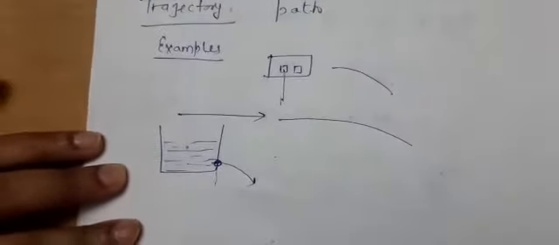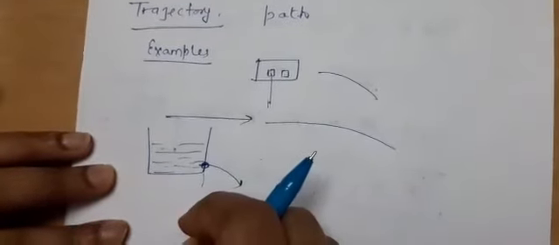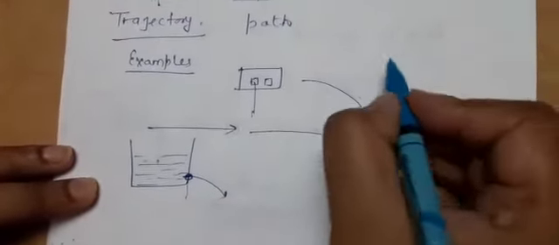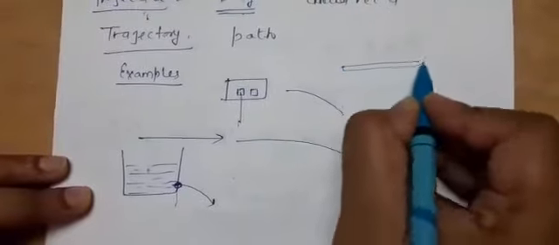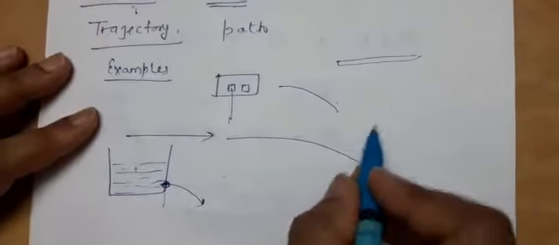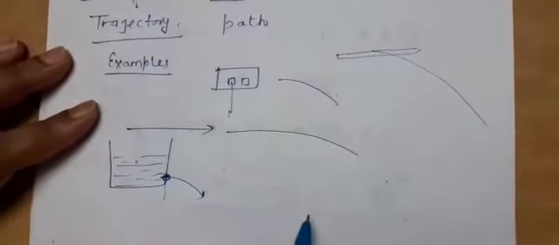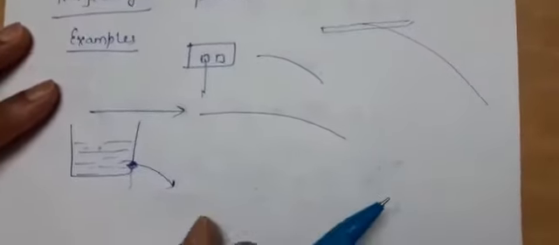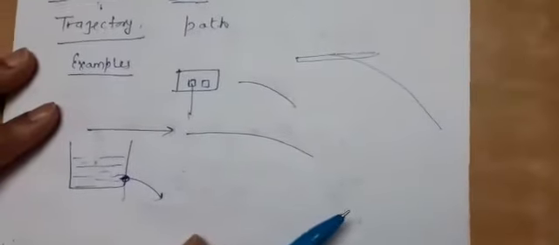Similarly, there can be many more examples that explain projectile motion. And suppose an aeroplane is flying and a food packet or any object is dropped from it, again it will follow this curved path. So there can be many more practical examples of projectile motion.